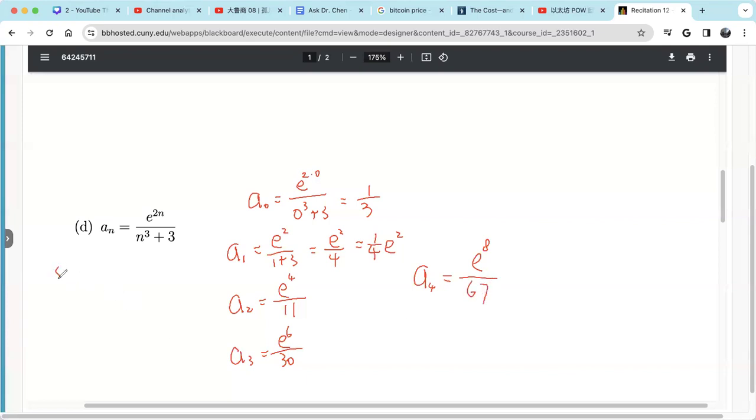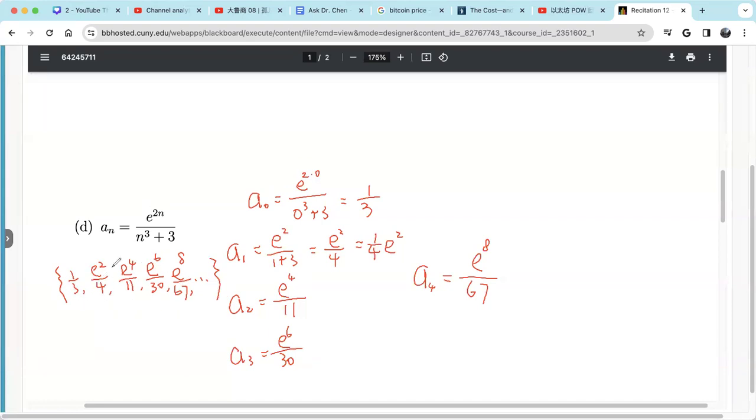So those are the first 5 terms. We have 1/3, E squared divided by 4, E to the 4th power divided by 11, E to the 6th power divided by 30, and E to the 8th power divided by 67, dot, dot, dot.